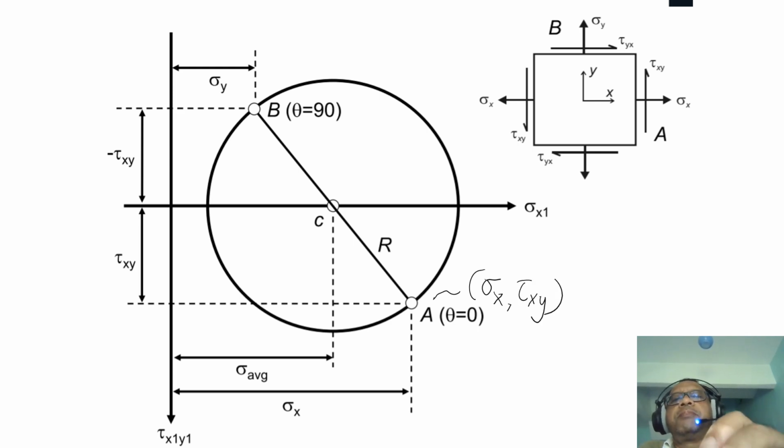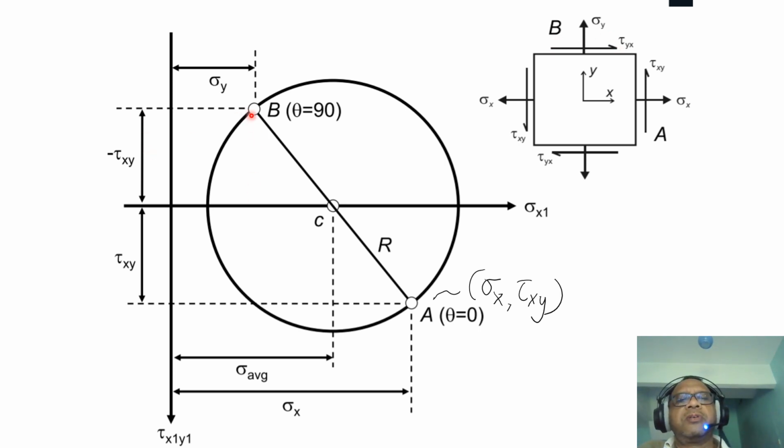Similarly, looking at B now. When you look at B, the coordinate of B is sigma y. This is sigma y. And then the y-axis is given by negative tau xy. So this is positive, then this one is negative.